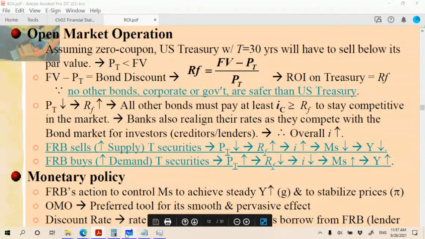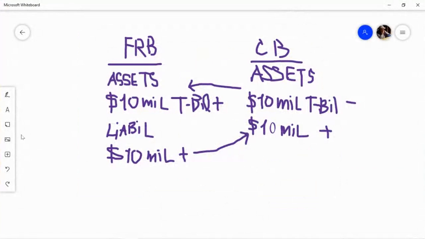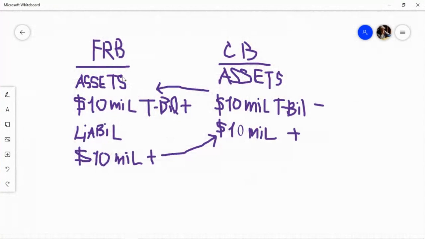So let me show you what actually happens. Between the Federal Reserve and commercial banks, their balance sheets show accounts receivable and accounts payable. Suppose the Federal Reserve buys $10 million worth of Treasury bills from a commercial bank.